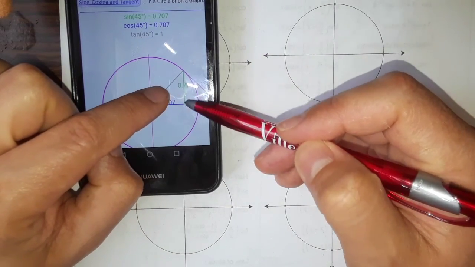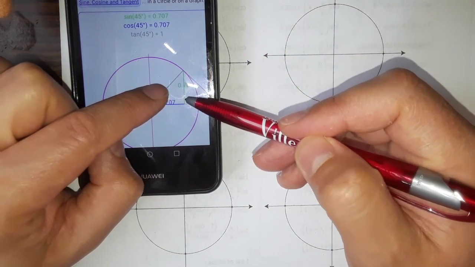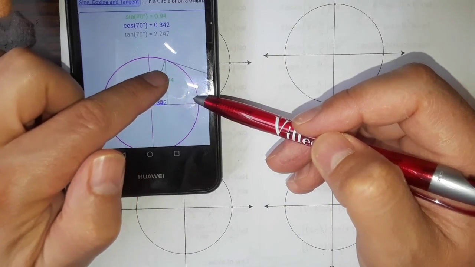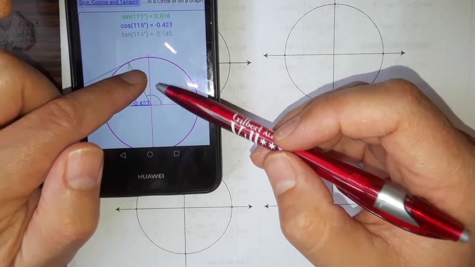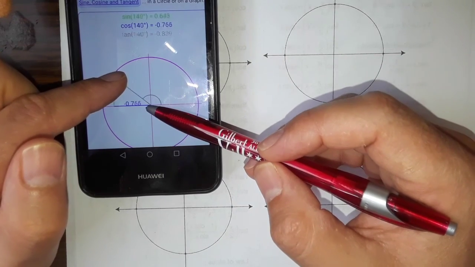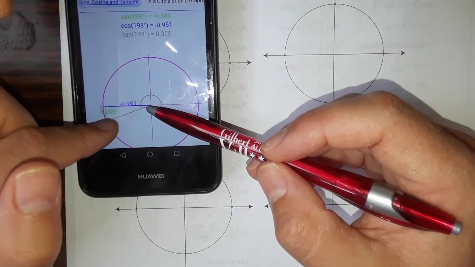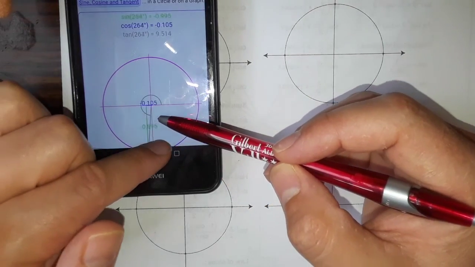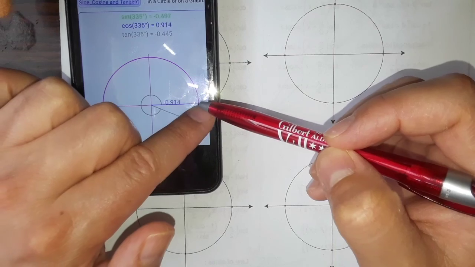If you look at this green line, here it's positive, right? That's the sine. And if we move, you see that this green line is positive all the way, while when we go past 180, this line starts being negative, and it's negative all the way.